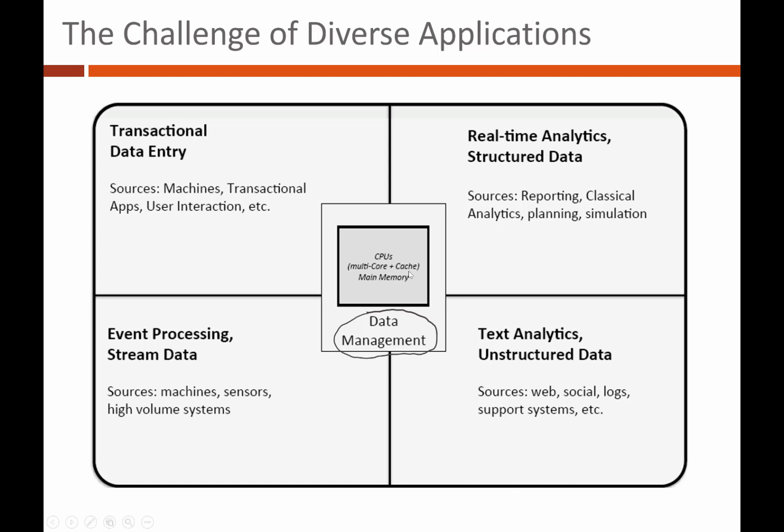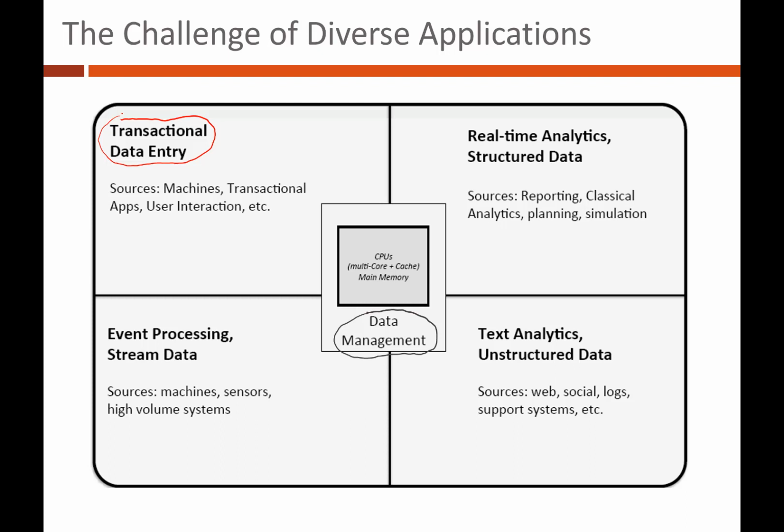A lot of what you have worked with this semester and a lot of what we have talked about falls into this upper left quadrant here of transactional data. Transactional data comes to us, of course, from machines, from computers. It comes to us from transactional applications or even apps that might be run by an end user or an employee.